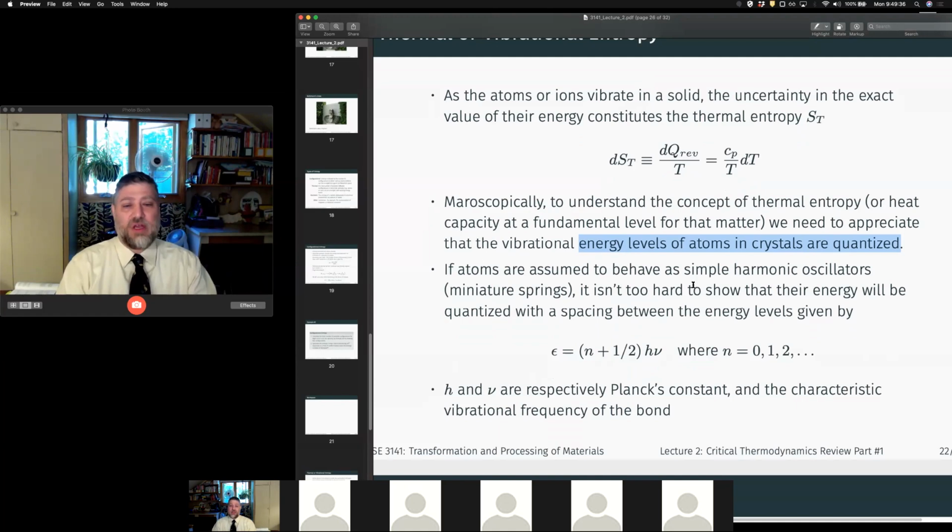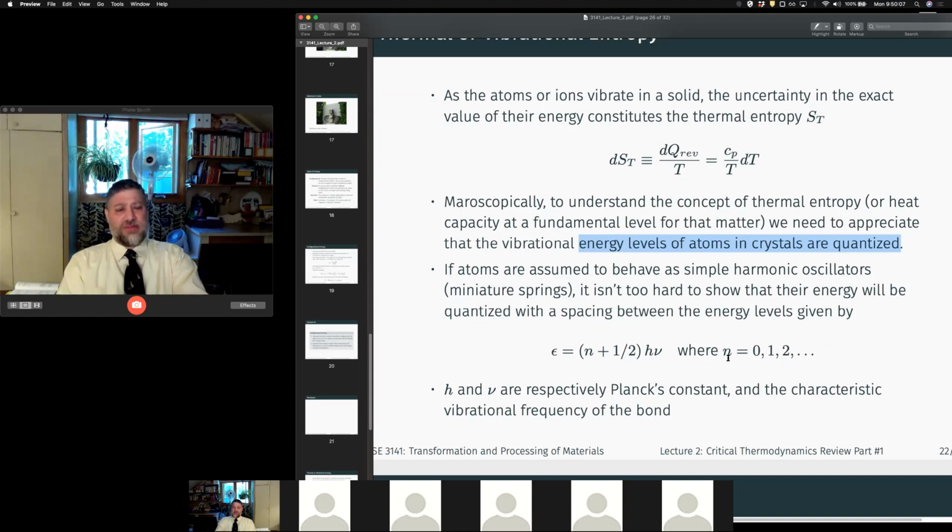So if we take a simple model of a solid, and we just assume that the atoms or the ions are little weights and they're all connected by miniature springs, we have this model of a simple harmonic oscillator.